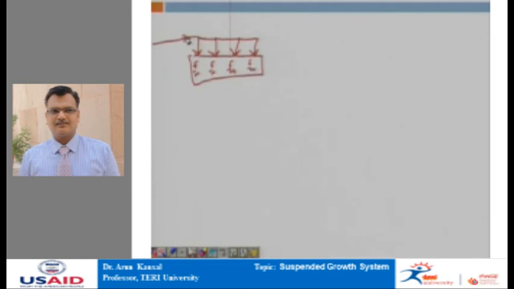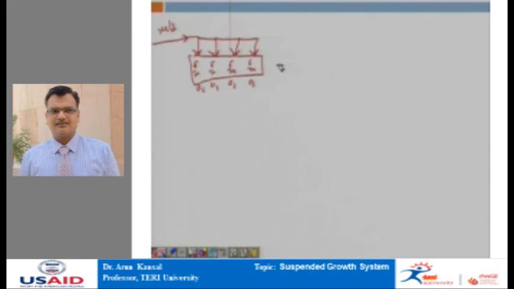Since we have equally distributed the incoming wastewater, that is kg of BOD coming per day is equally distributed throughout the tank, the oxygen demand is also constant throughout, that is there is no variation in the oxygen demand. Like in a conventional aeration, more oxygen demand is in the initial stages and less oxygen demand is in the later stages. But in the step aeration, oxygen demand, F/m ratio, everything is constant throughout the tank.